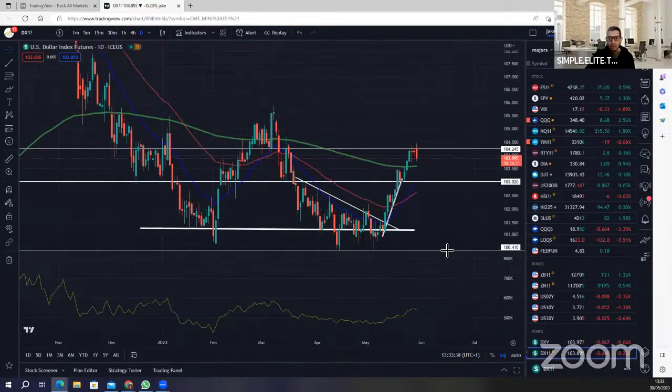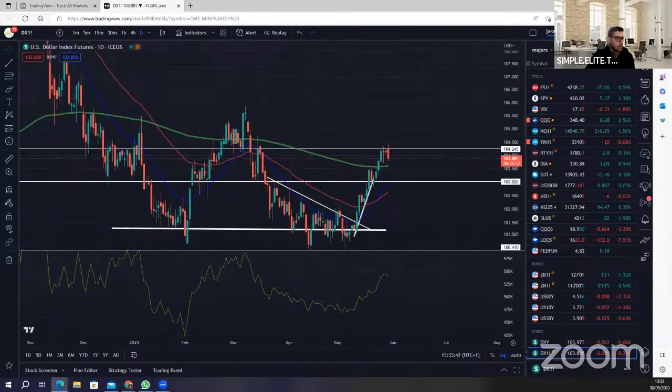And also, this is the futures chart of the dollar index. Also, the line is pointing a little bit down. So we could see some downside and then prepare to be a buyer again.